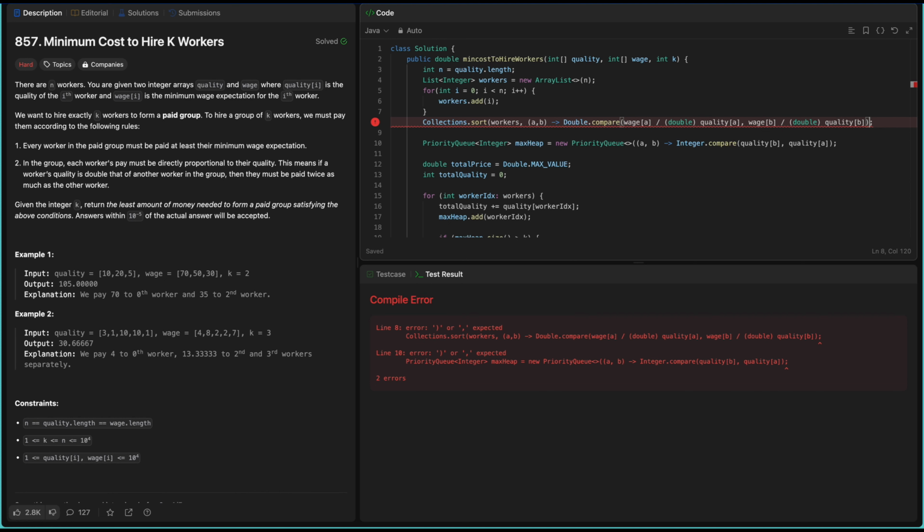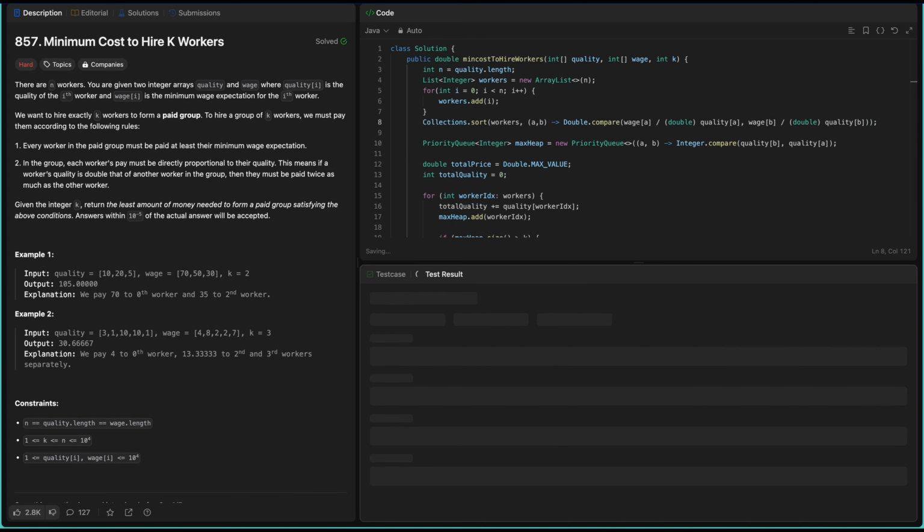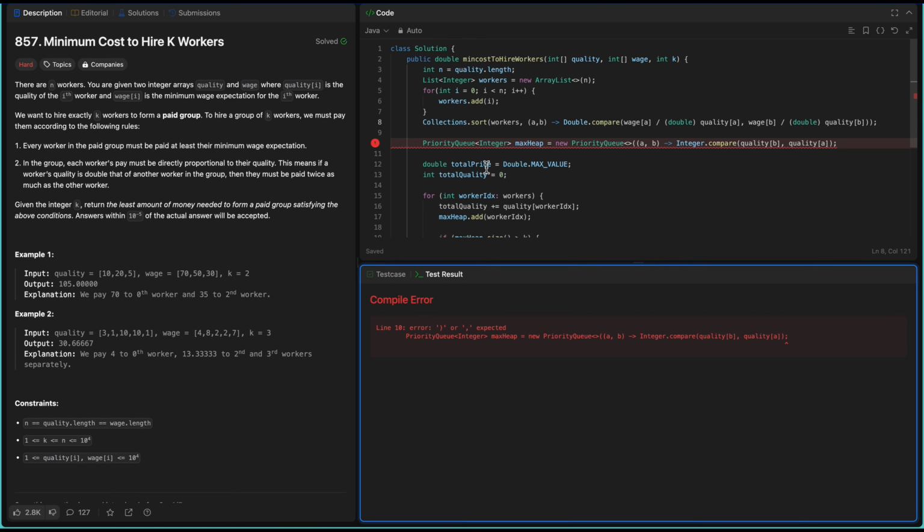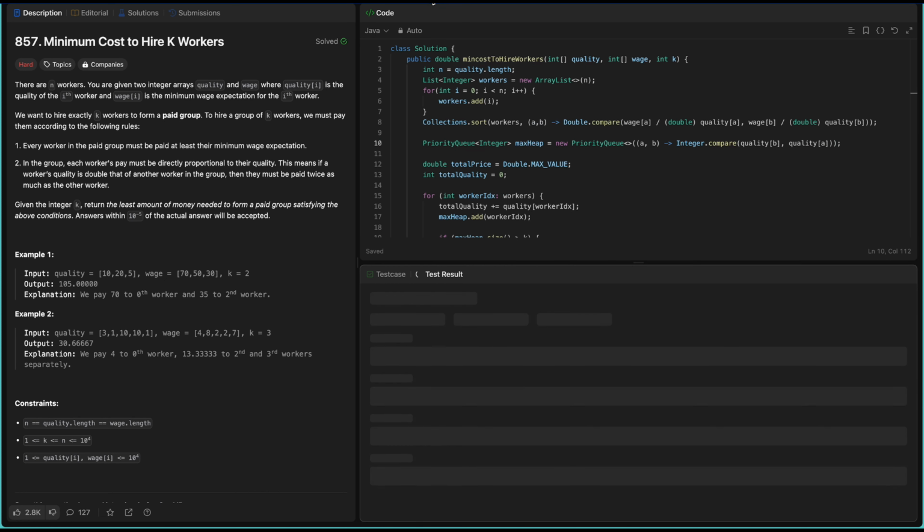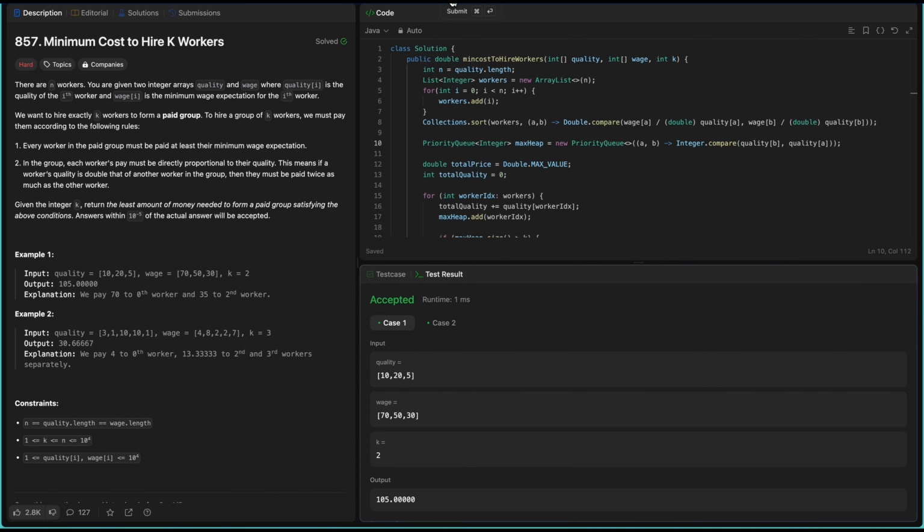Because I just need one more, maybe, missing parenthesis. Okay, now it says that, because again I will need one for closing the constructor. So hopefully this does it. Awesome. So now let's submit this code.